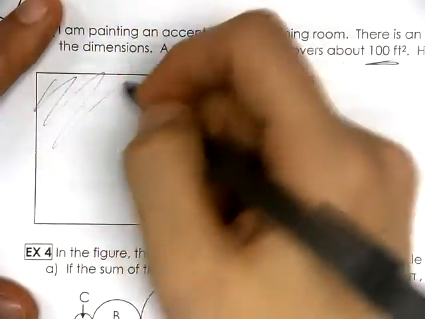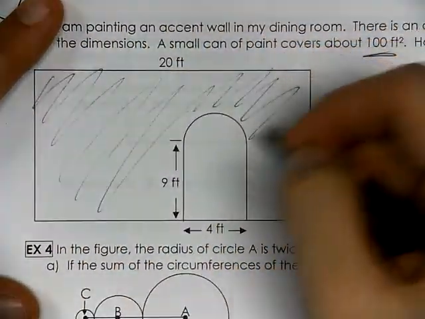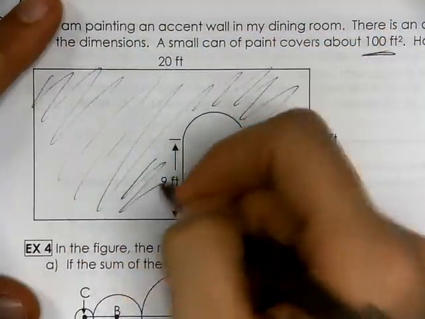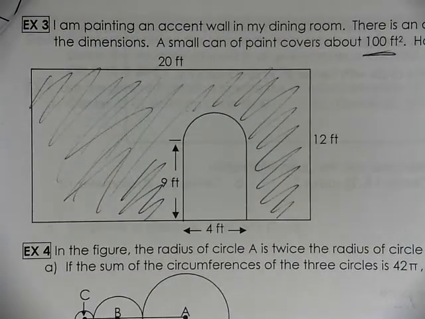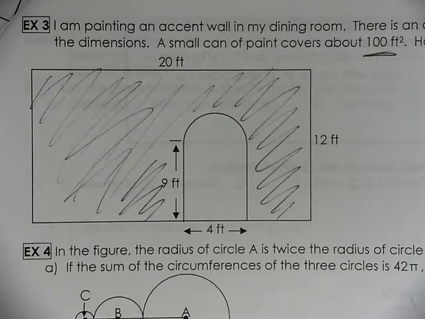We're painting this whole thing, besides obviously the doorway. So I have to find the area of that section of wall, so I don't go out and waste my money and buy like 18 cans of paint when I only need like 2. So how do you think I could find the area of that shaded region?